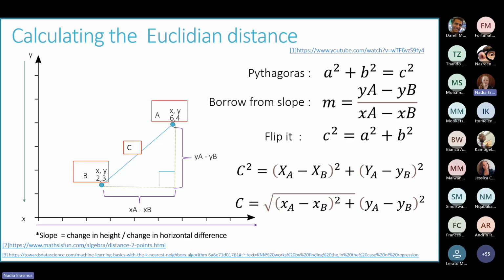Okay, so we can't always use C, but we can use it in data science to see what is approximately the closest as the crow flies. So what the distance is between the two.